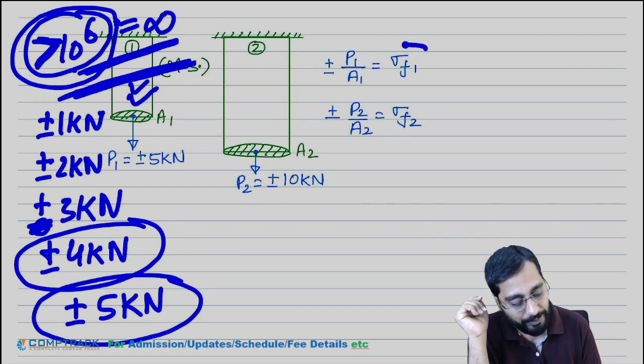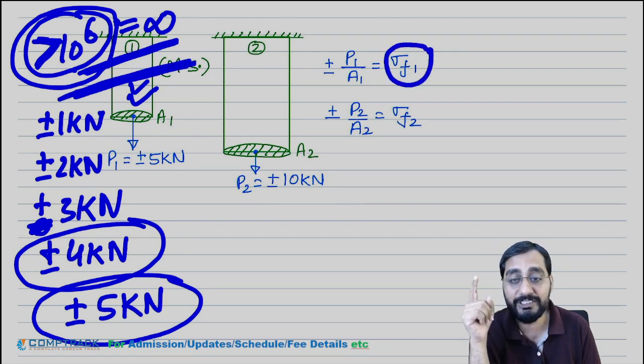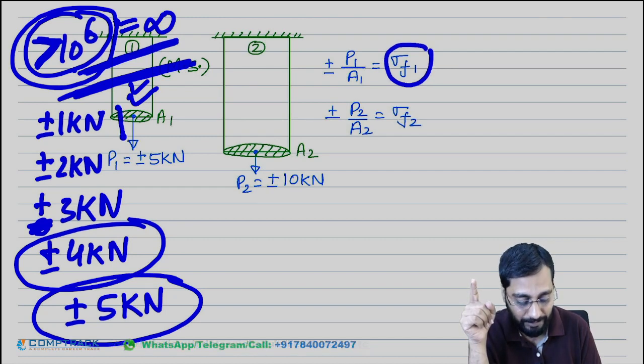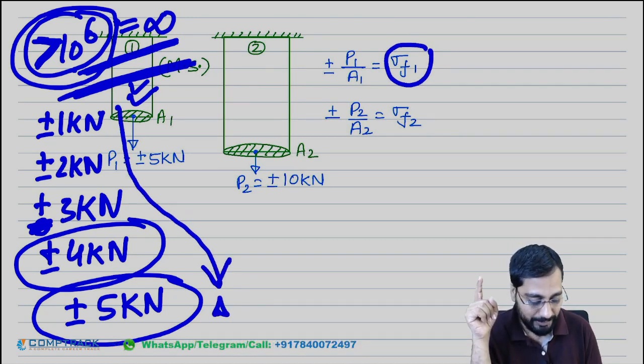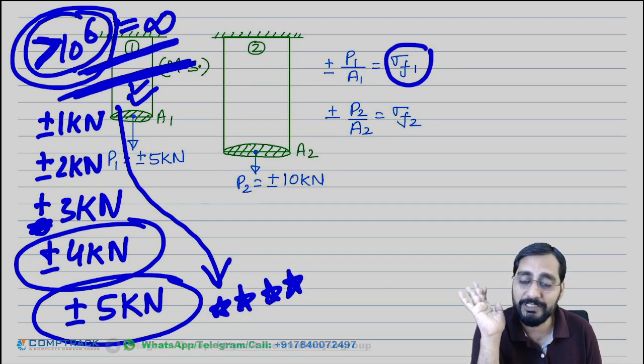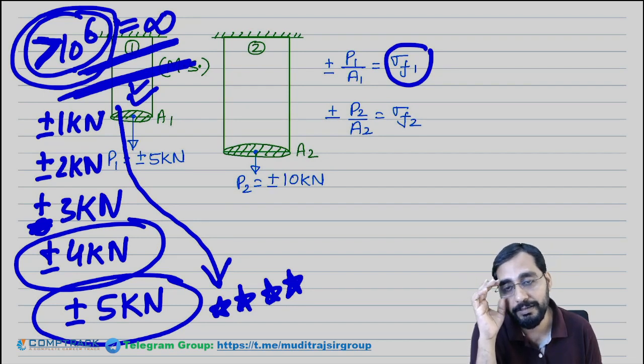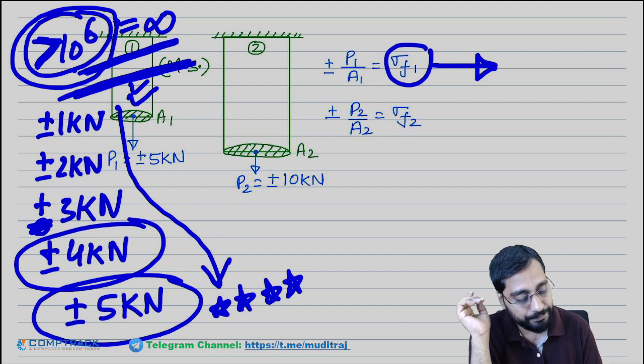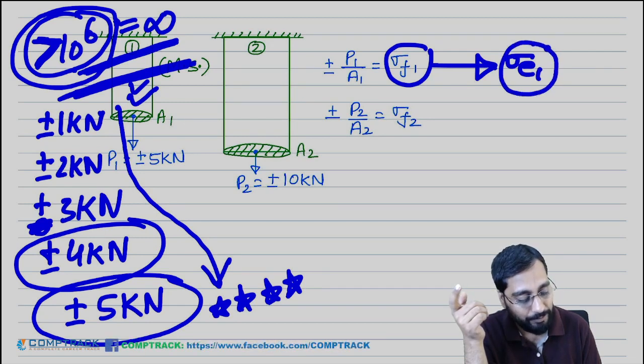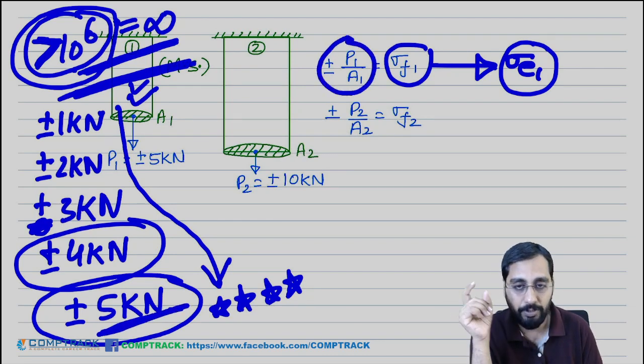So the maximum value of fluctuating stress, completely reversed, at which the material can sustain infinite number of cycles, meaning at least 10 to the power 6 cycles, will become the endurance strength of the first bar, not the material. So for the first bar, sigma F1 will be equal to sigma E1. So sigma E1 will be plus minus 5 kilonewton divided by the area. Got the point or not?